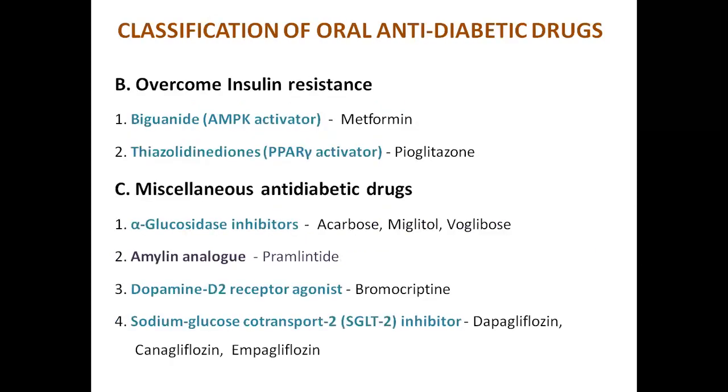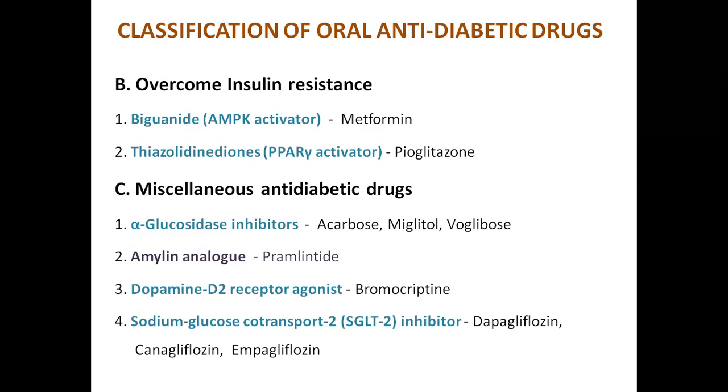Coming to the drugs used to overcome insulin resistance, we have two kinds of drugs for treating insulin resistance. They are biguanide, in which the drug is metformin. Metformin is the first line anti-diabetic drug. We use this as the first anti-diabetic drug unless otherwise contraindicated.